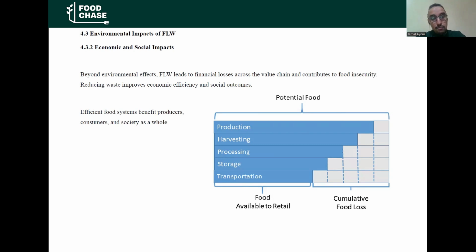Efficient food systems benefit producers, as you can see in these pictures, consumers, and society as a whole, for different sections, with potential food available and cumulative food lost depending on the different operations such as production, harvesting, processing, storage, transportation, and generally the principal operations that cause the food loss, and then storage also, then processing and harvesting, and finally production.